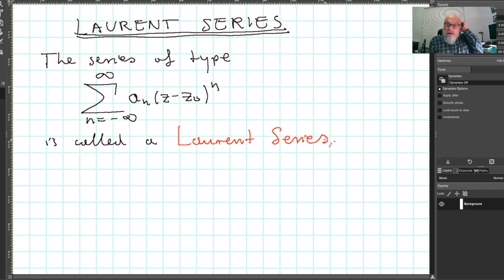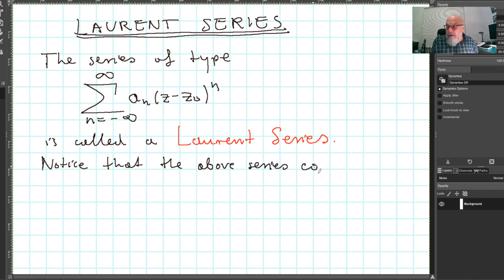Notice that the above series can be written in a way that we can separate positive powers from negative powers.